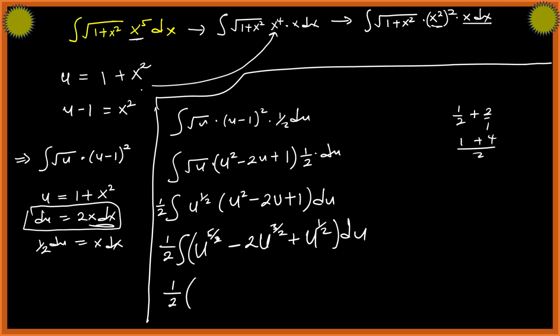For instance, 5 on 2 plus 1 gives us 7 on 2, so we have u raised to 7 on 2 over 7 on 2.